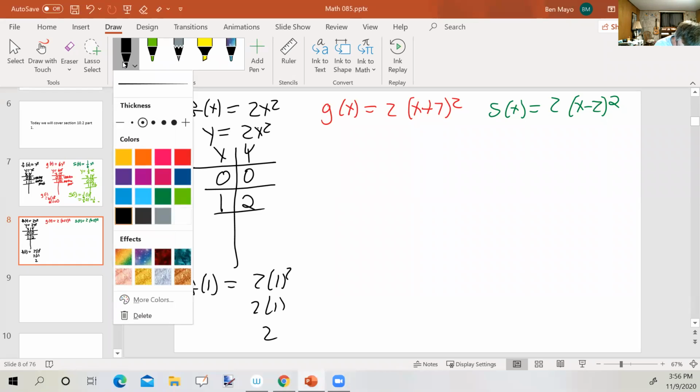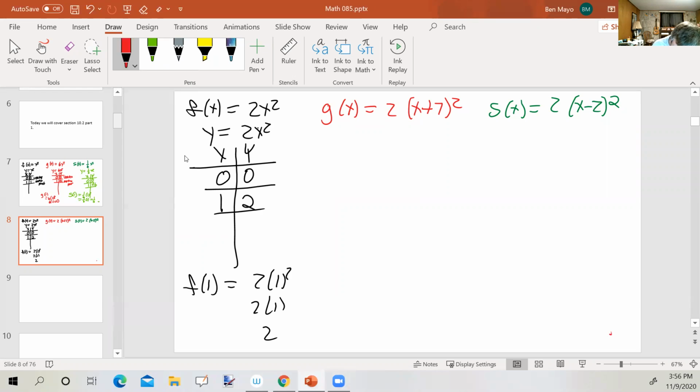Let's take a look at the red function, which is like y equals 2 times x plus 7 squared. Well, where's the vertex? It didn't go up or down, but it moved on the inside. The x value moved. So my x value is going to be -7.